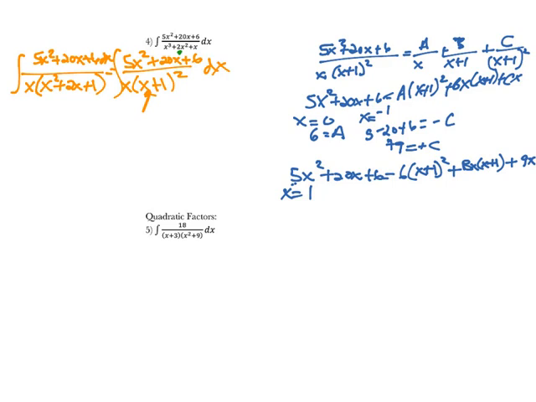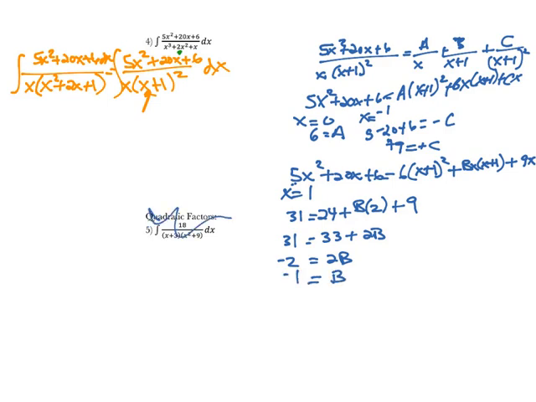So I'll have 5 plus 20 plus 6 is 31 equals 1 plus 1 is 2, 2 squared is 4, plus 6 is 24, plus b times 1 is b, times 1 plus 1 is 2, plus 9. So 24 plus 9 is 33, plus 2b equals 31. So negative 2 is 2b, b is negative 1.